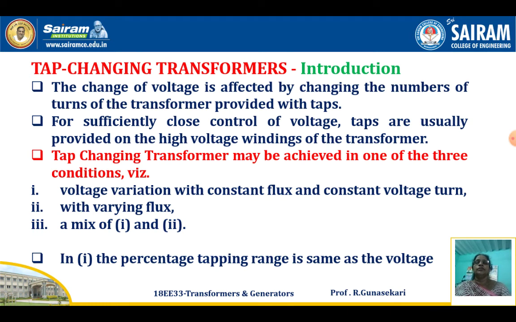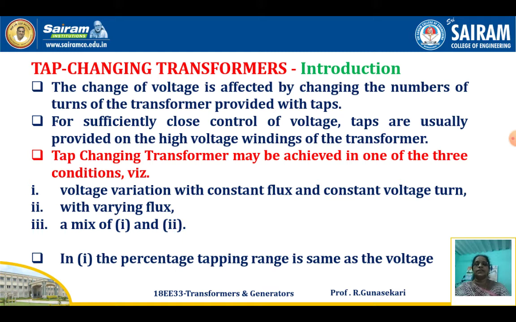Then introduction about tap changing transformers. The change of voltage is effected by changing the number of turns of the transformer provided with taps. For sufficiently close control of voltage, usually taps are provided on the high voltage winding of the transformer. The tap changing transformer may be achieved in one of three conditions.